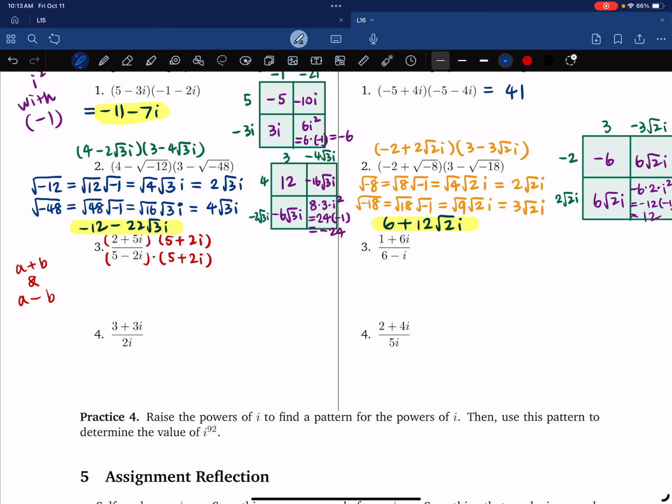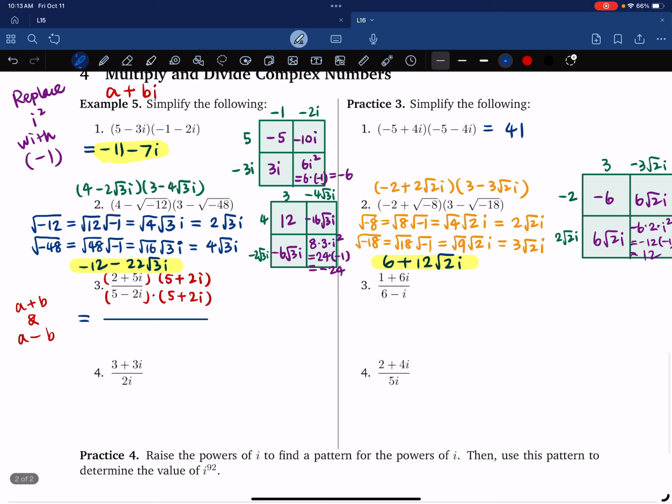Very good. And now let's carry out the multiplication. So this is going back to the previous two problems that we did, right? We're multiplying the complex numbers. I'm going to do the denominator first. Because the denominator, we can use a formula if you remember. It's in the form of a minus b times a plus b.